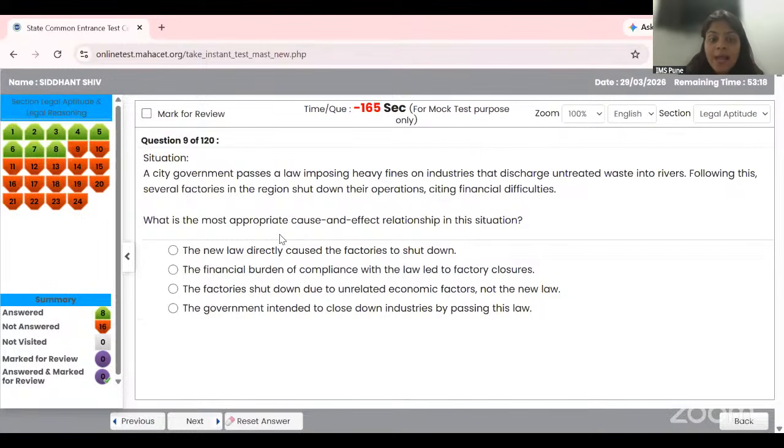So there was not a direct cause, but yes, this law created a financial burden because of which factories had to close. So this looks like a more appropriate option amongst the two, which is capturing the crux of the situation. You have to figure out a cause which resulted in a certain effect. That is how you figure out the answer for cause and effect relationship.